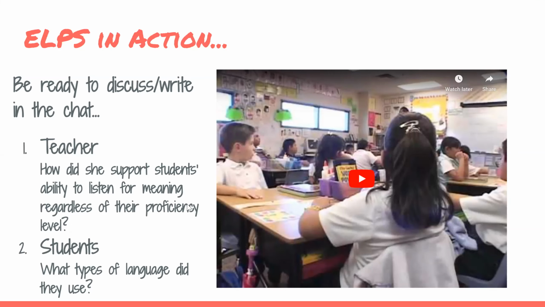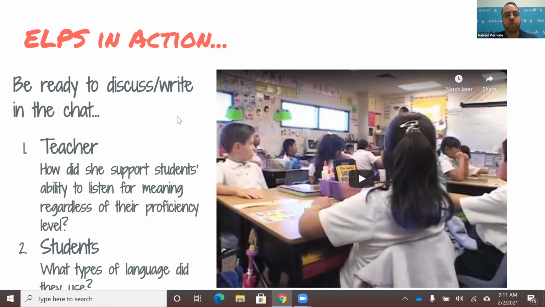So talk to me about what your group saw in terms of the best practices the teacher exhibited in order to make what she was saying as comprehensible as possible to her kiddos, regardless of their listening proficiency level. Oh, sure. The first thing we discussed was there's a clear procedure for them to discuss the objective.